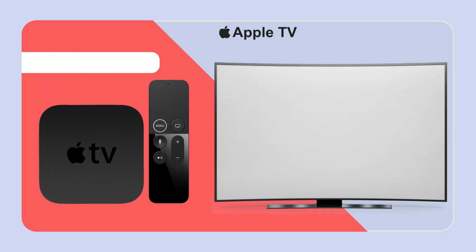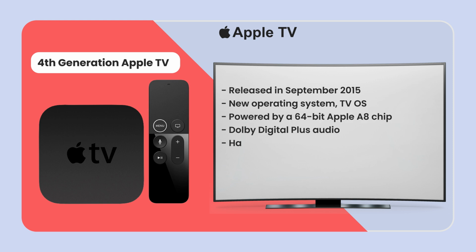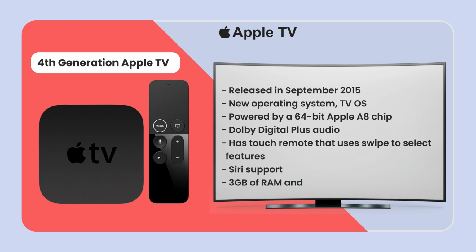Fourth generation Apple TV. The fourth generation of the Apple TV is also known as the Apple TV HD, which was announced on September 9, 2015. This model uses a new operating system, tvOS, with an app store, allowing downloads of third-party apps for video, audio, games, and other content.